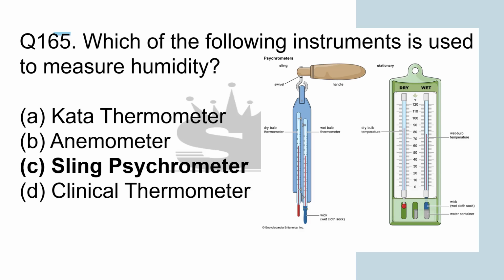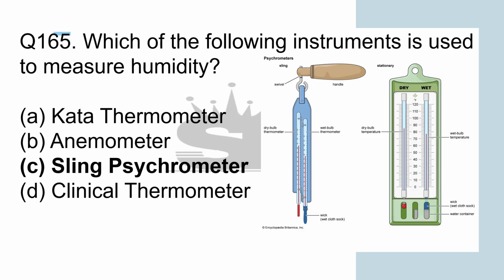A psychrometer is a type of hygrometer, a device that measures relative humidity. A hygrometer uses two thermometers. One is dry and another is covered in a fabric saturated with distilled water. That's called the wet bulb.